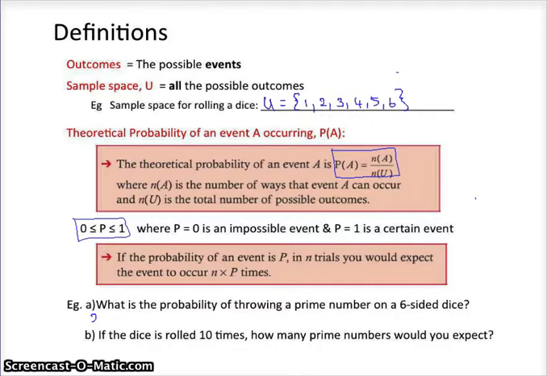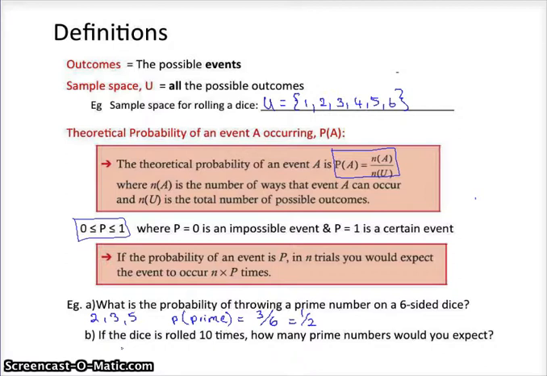Our prime numbers are 2, 3, and 5. So we've got 3 possible outcomes over a sample space of 6. So the probability of throwing a prime number on a dice is a half.